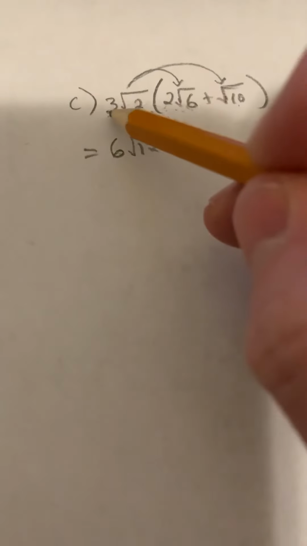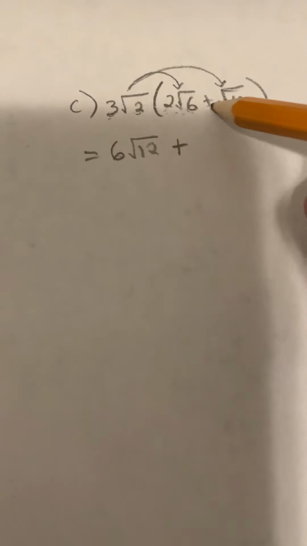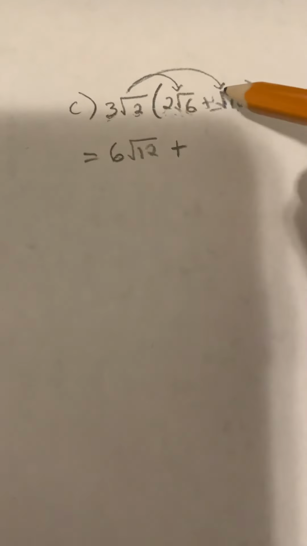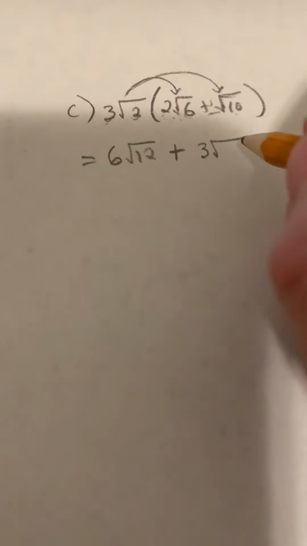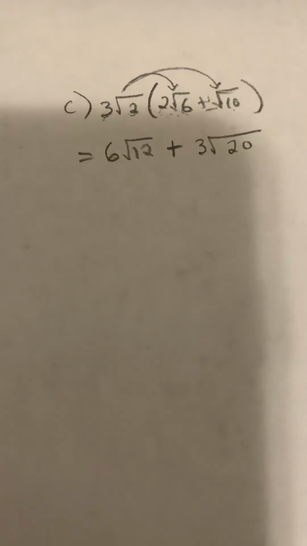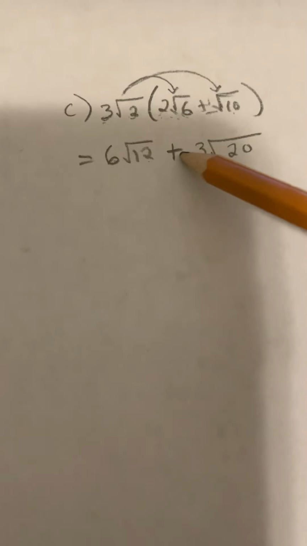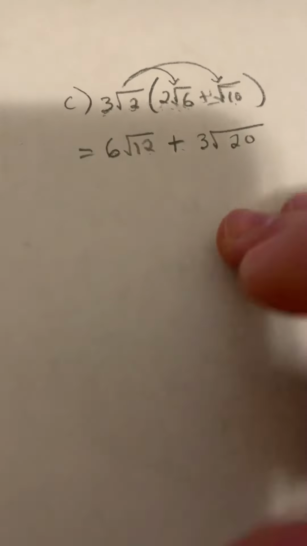Plus 3 times the number in the front of here would just be a 1. So 3 times 1 is 3. 2 times 10 is 20. So we have 6 root 12 plus 3 root 20.